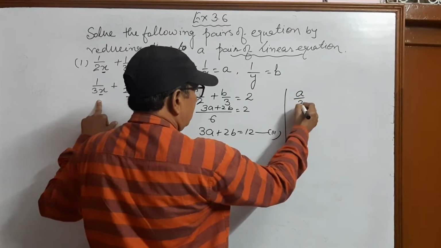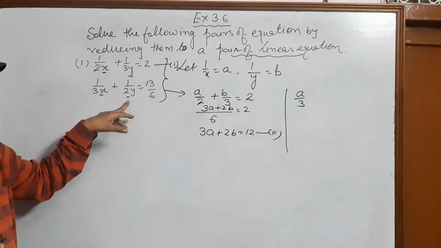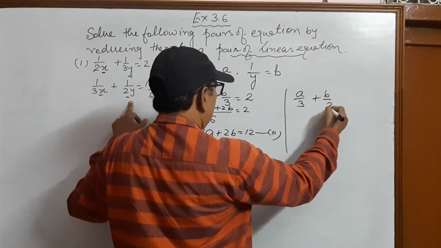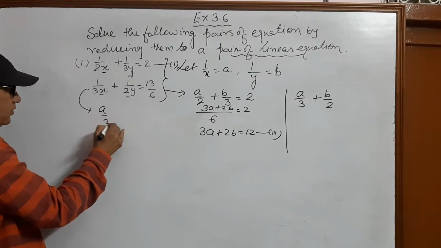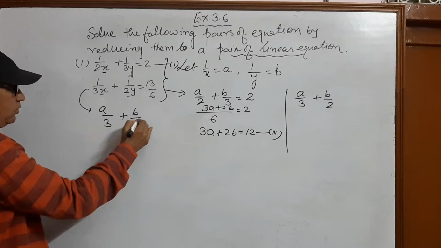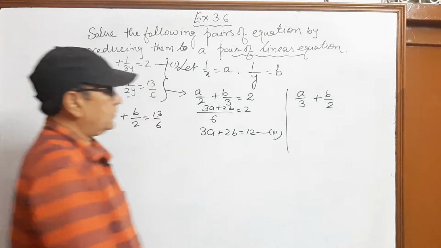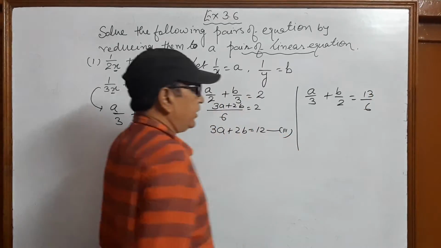a upon 3. Yes, very good. And similarly, it becomes b upon 2. Look, I am writing it here: a upon 3 plus b upon 2 equals 13/6. Isn't it? Say yes, sir. Yes, very good.